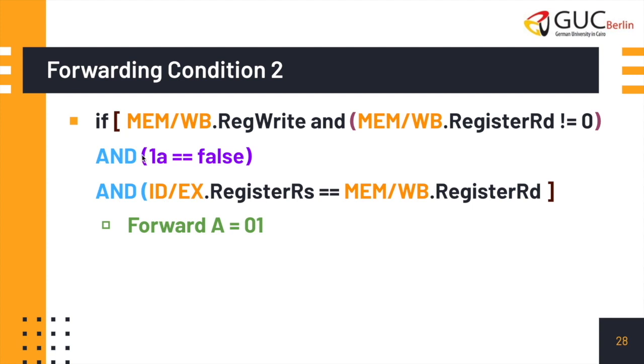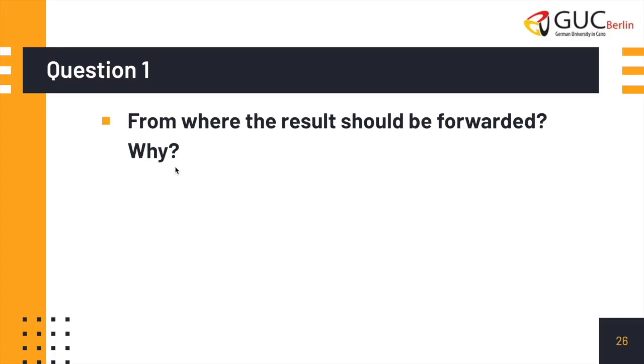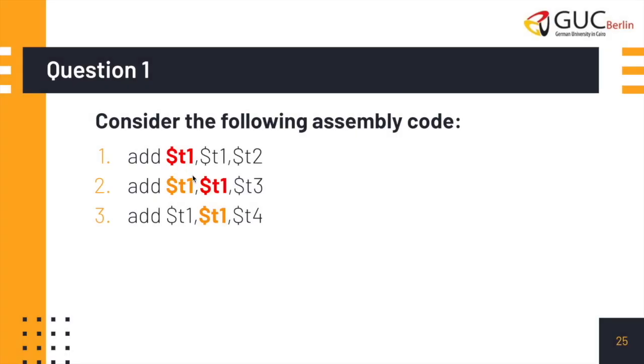But if condition 1a is true, meaning that in the previous example, 1a was true because there is a dependency between instruction n+1 and n+2, while 2a was true because I have a dependency between instruction n and n+2, I need to forward what? From instruction 2, which is in the ex/mem pipeline register.